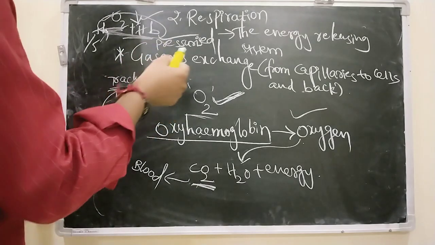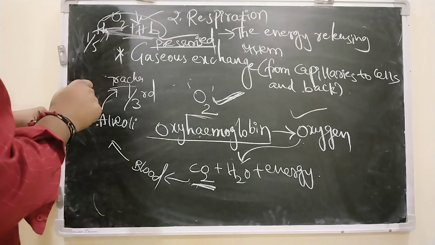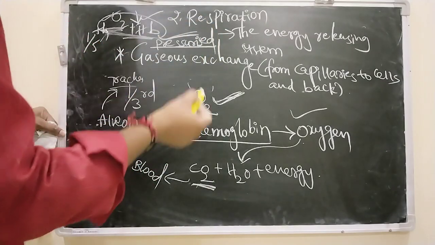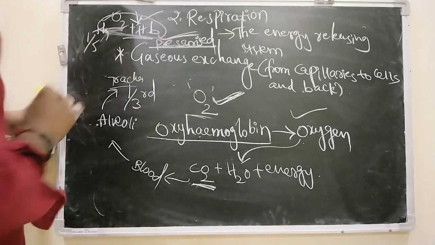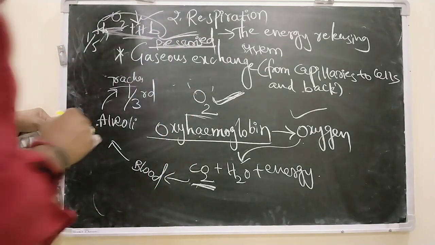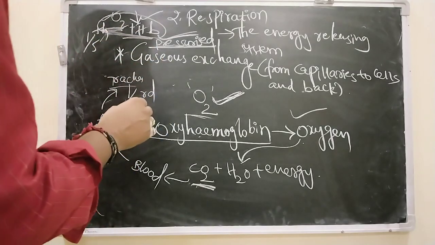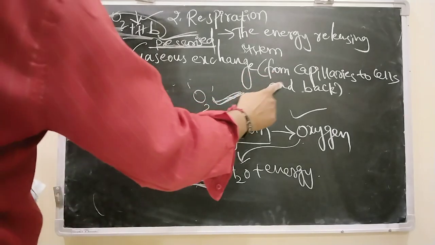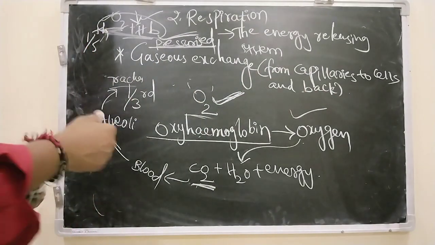To compensate for that short supply of oxygen, these pressurized cabins supply supplemental oxygen. Okay, so this is about gaseous exchange in the alveoli and gaseous exchange between capillaries and cells and back. We will discuss another topic in the next class.